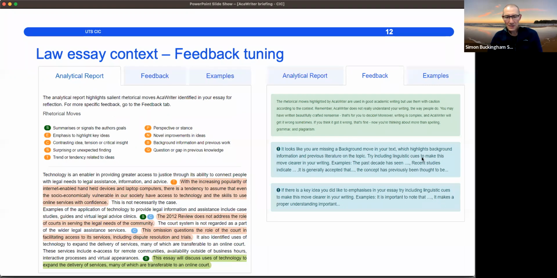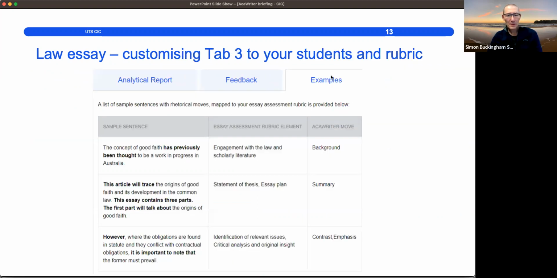Try using linguistic cues like, the past decade has seen, recent studies indicate, etc. Okay, or it didn't see any E's, no E's, emphasis to highlight key ideas. If there's a key idea you'd like to emphasize, try including linguistic cues like it's important to note that, or... okay? And here's the third tab.